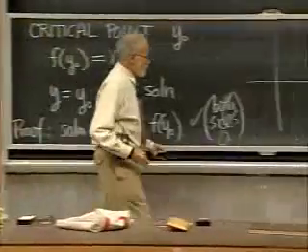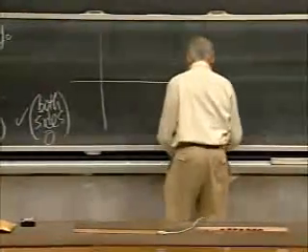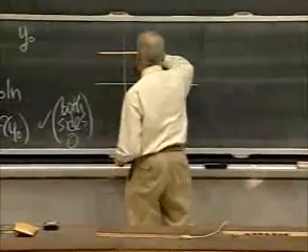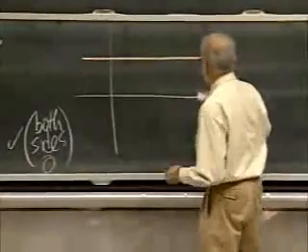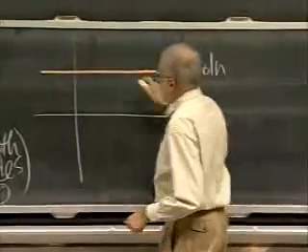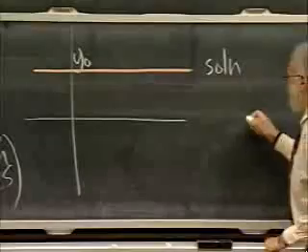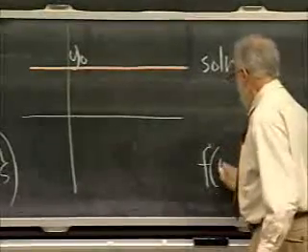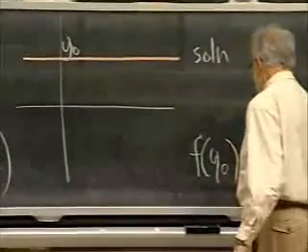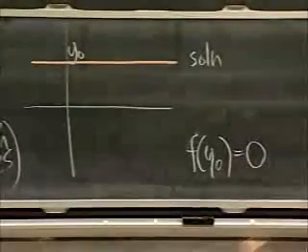So here's a horizontal solution. That's a solution. So this is my y0. That's the height at which it is. And I'm assuming that f of y0 equals 0, so that it's a solution.